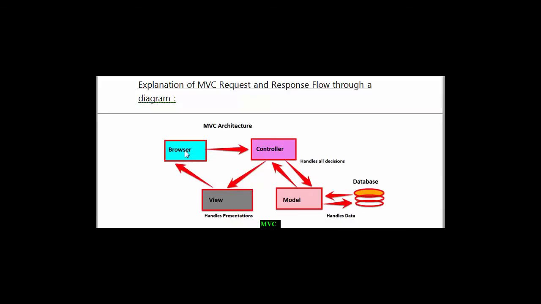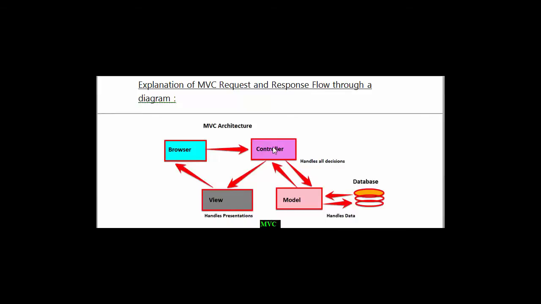Okay, so to start with, at first the browser basically sends a request to the controller. Now controller, being the decision maker, decides whether to send the request to the model for getting some data from the database, or to directly render the view file.